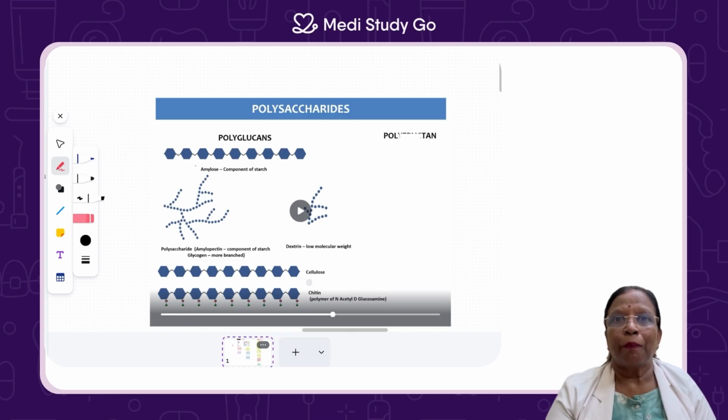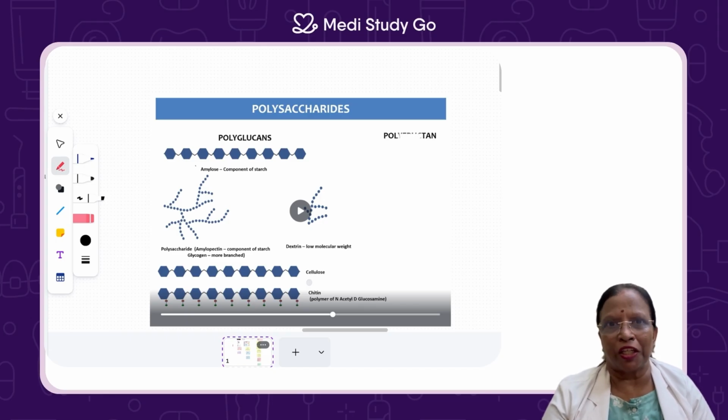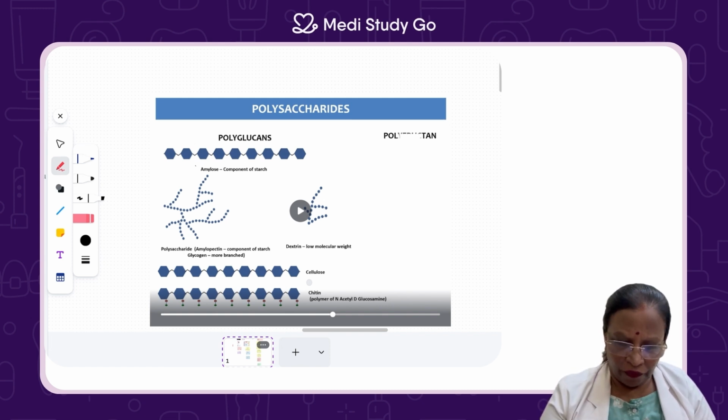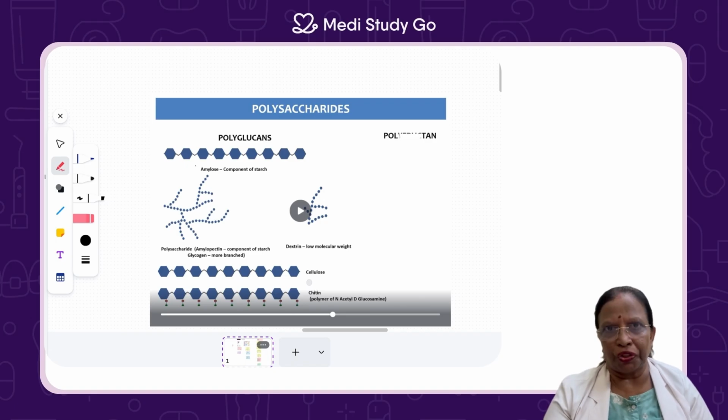Dietary fiber prevents constipation and decreases the absorption of glucose and cholesterol from the intestine. Therefore, cellulose, although it is not digested by the human system, is required in the diet for good gastric motility. It stimulates peristalsis.